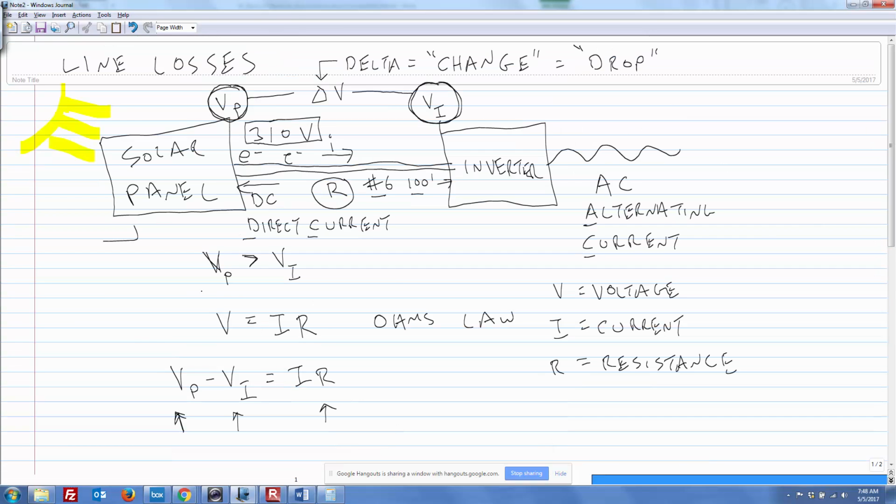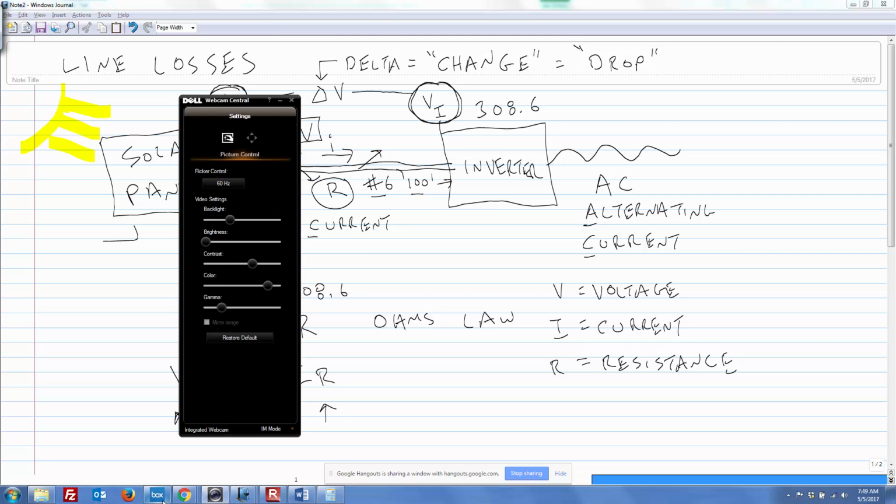So remember, this was 310 volts DC over here, which is greater than the 308.6. So as the electricity flows from here to here, some of it is lost as heat. Some of it comes out. So this one's at 310, and this one is 308.6. Okay, I hope that makes sense.